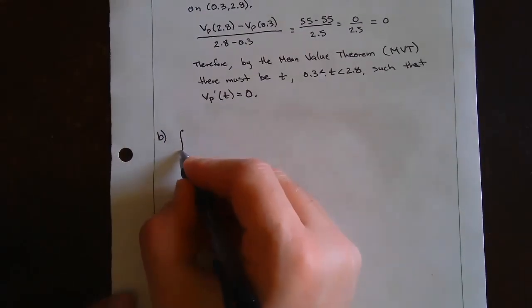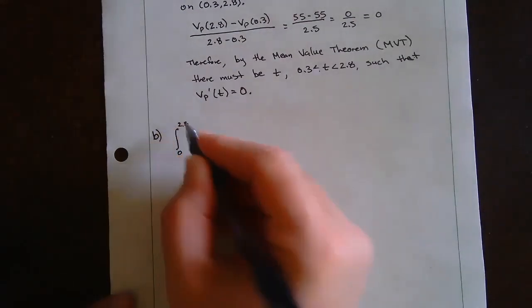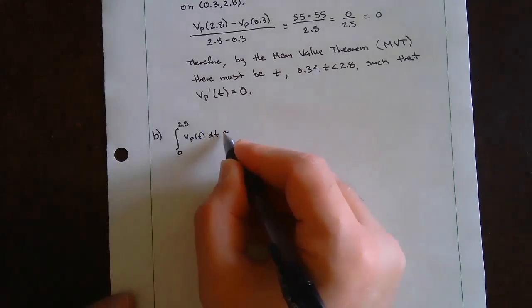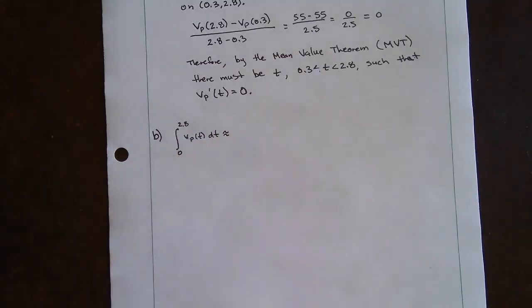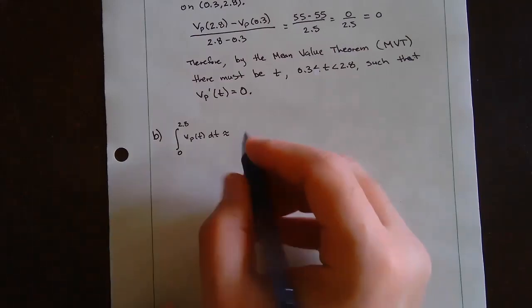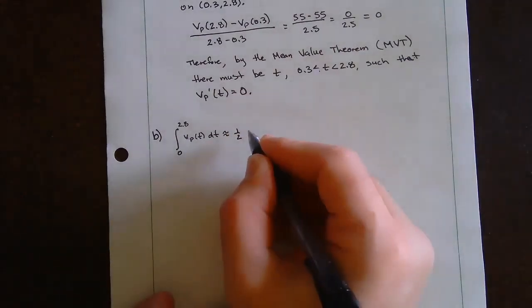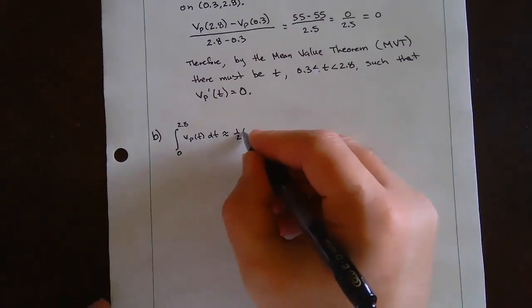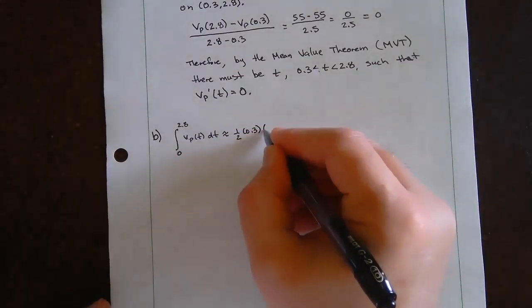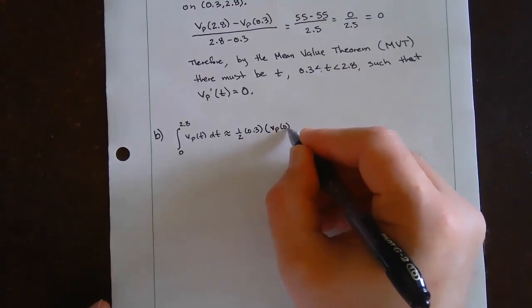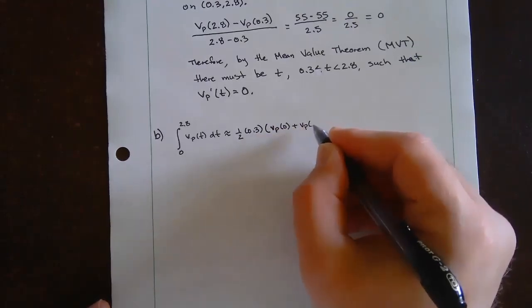So we have the integral from 0 to 2.8 of v sub p of t dt. That's approximately, and then we have to do trapezoids, right? So remember the two bases are the velocity values at 0 and 0.3. So it's 1/2 times the height, and the height in this case would be the difference in your x's, your delta x, the height of your trapezoid. So it'd be 0.3, and then times, and I'm going to write the formal notation here. It'd be v sub p of 0 plus v sub p of 0.3.